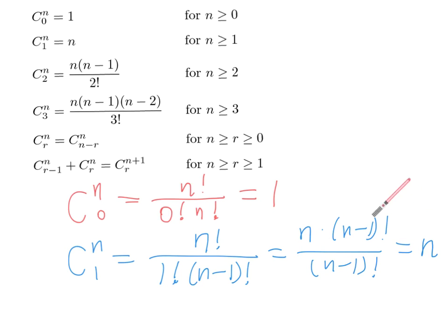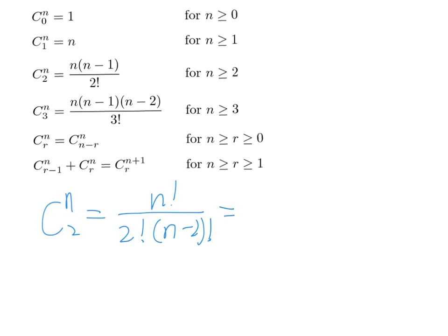Here, the factorial of n minus 1 is the product of all integers not greater than n minus 1. And if you multiply by n, then it will become the product of all integers not greater than n, and it is the factorial of n. nC2 is similar.